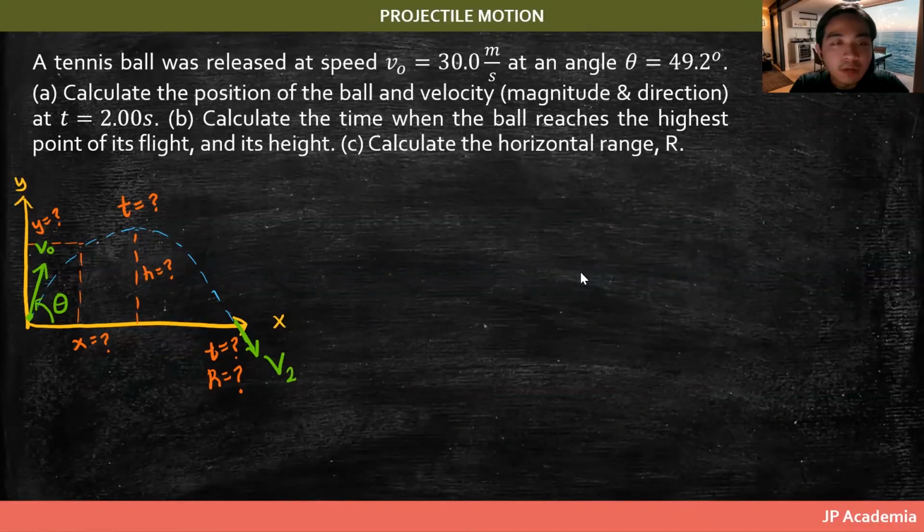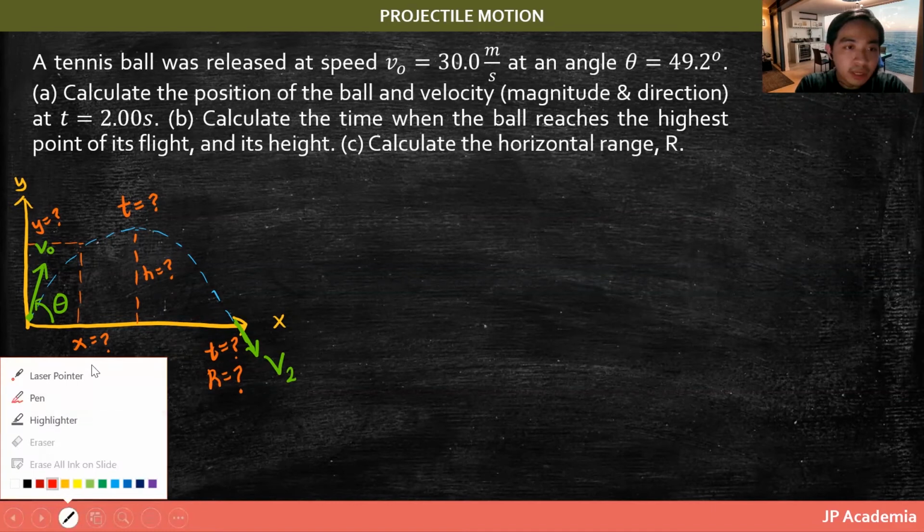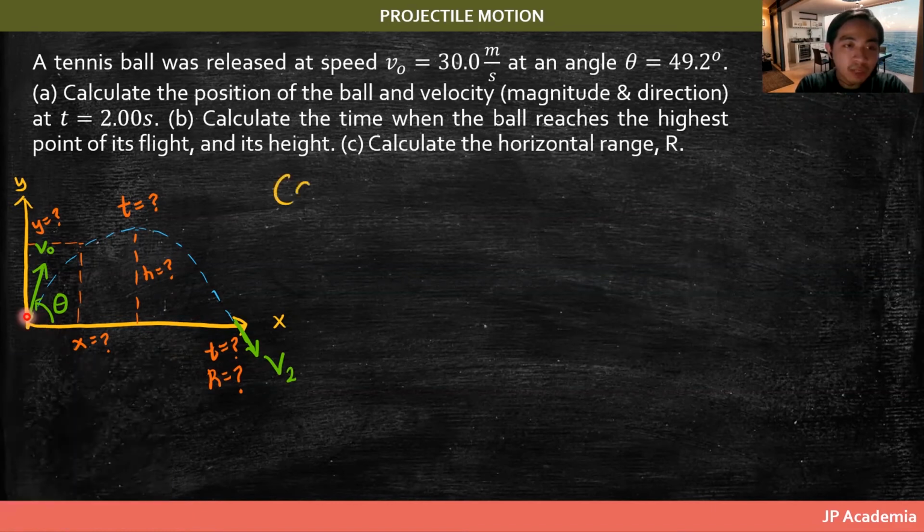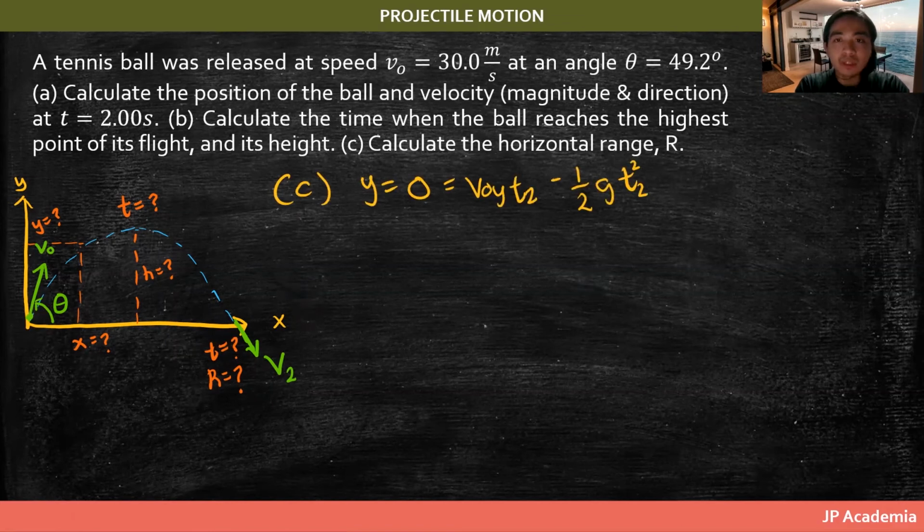Okay, so now sagot na natin yung letter C. So calculate the horizontal distance. So yung distance na to, pinapakita sa illustration, yung letter R na yan. So from this point up to this point. So para makuha yun, pwede tayo magsimula sa equation na to, which is the equation for the position or the distance y.